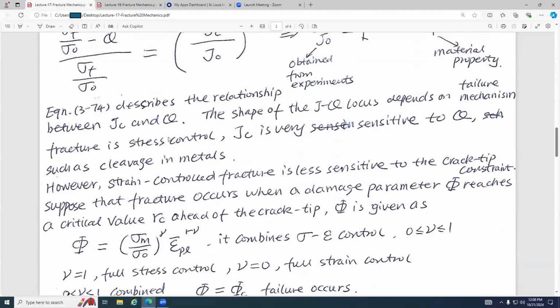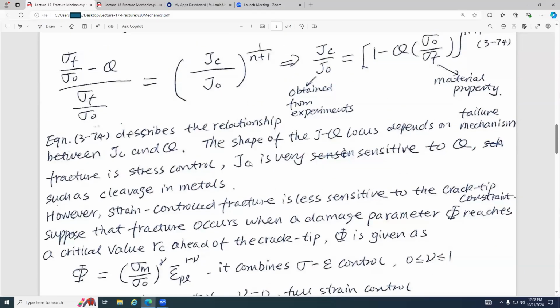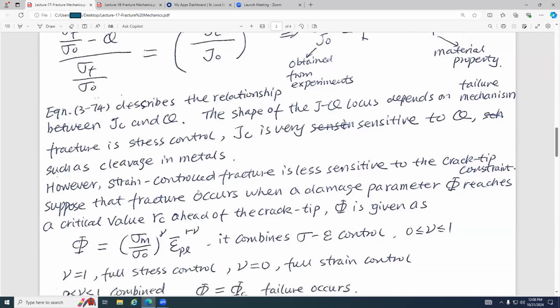Stress control, where the critical value can be very sensitive to Q for the JQ model, such as cleavage in metals. So this is the stress control, and then we have strain control. The fracture is less sensitive to the crack tip constraint.